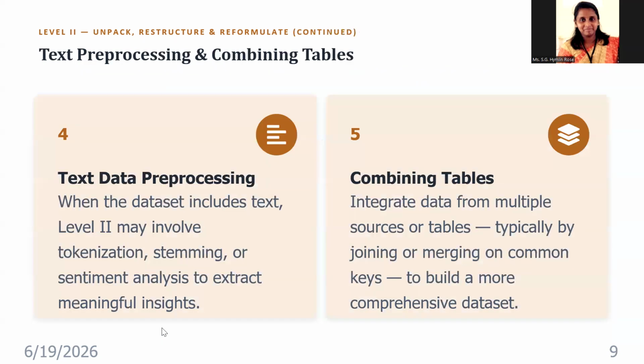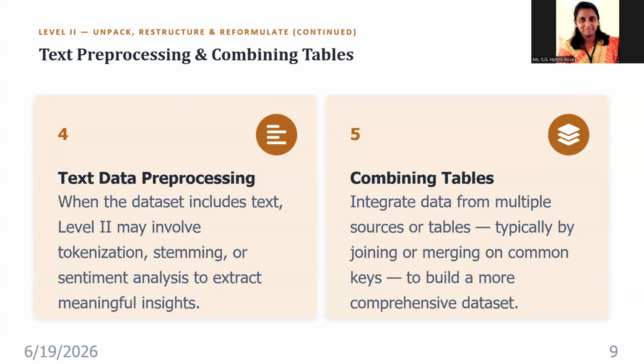Next is text data pre-processing. When the data sets include text data, we are going to do things like tokenization, stemming, or sentiment analysis to extract meaningful insights. These techniques convert unstructured text like customer reviews or support tickets into a structured form that can be analyzed quantitatively.